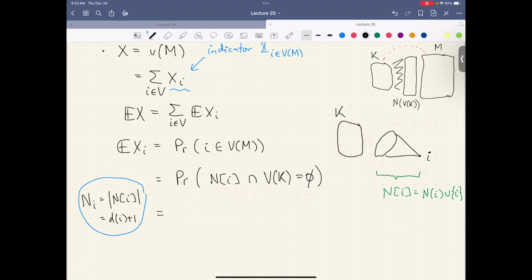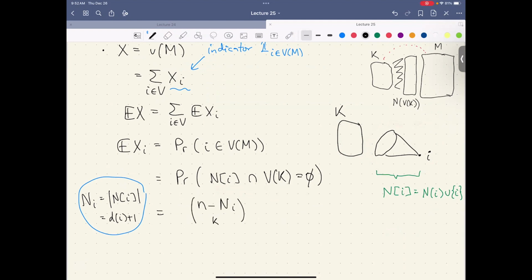And the number of such choices is m minus n_i, where we have to choose little k vertices. That's the total number of choices, divided by, this is a uniform distribution over all possible choices, n choose k. So far, so good. Not so hard, right?